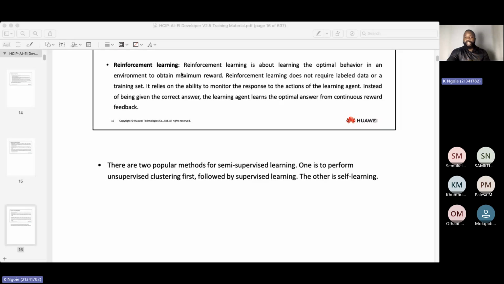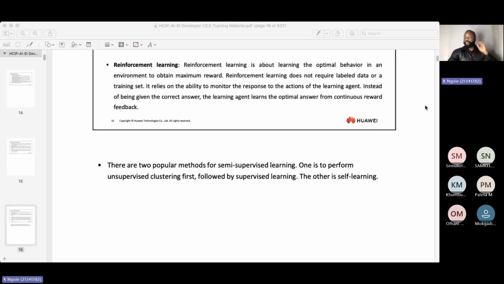We do not tell the model what to do. But we create an agent, which is the model, and we put it in a certain environment, and we just create a function for reward and punishment. So whenever it takes the wrong action, there is a punishment, and then it restarts the action and makes sure it takes the right action.